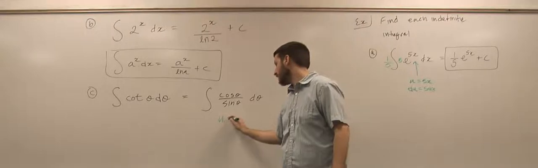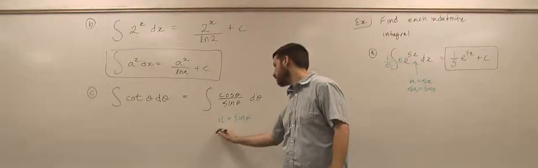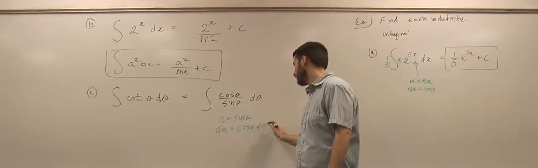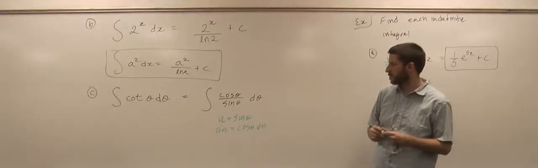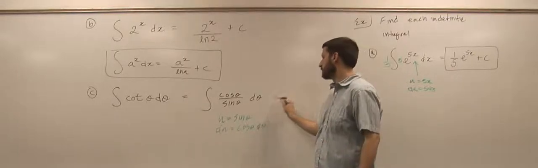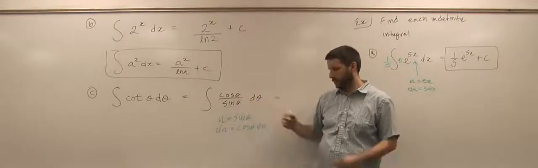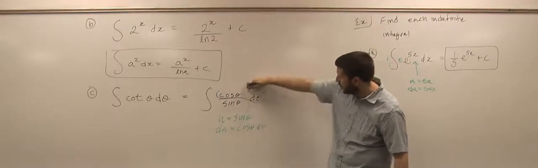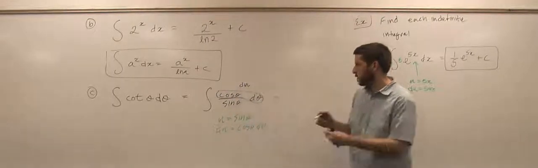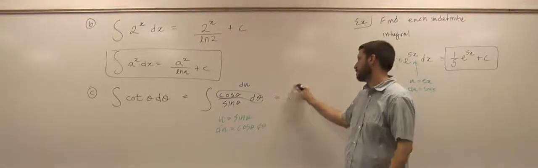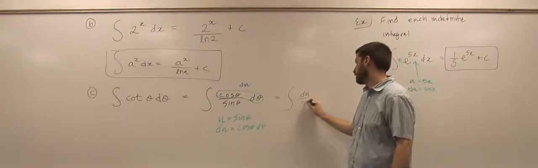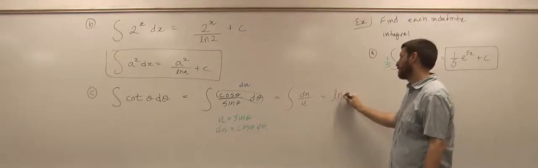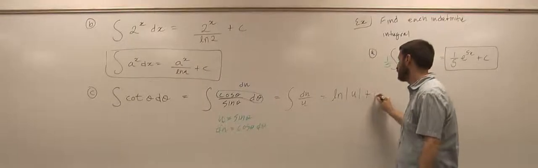If you let u equal sine theta, then du is cos theta d theta. So my integral becomes du over u, and I know the integral of du over u is ln of the absolute value of u.